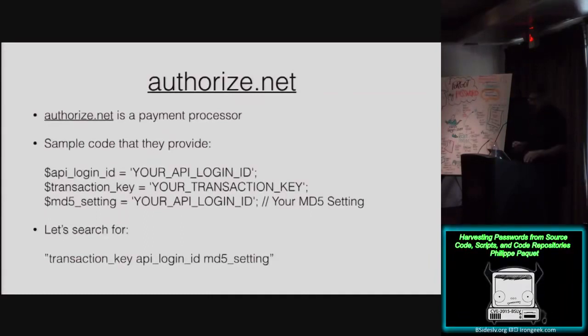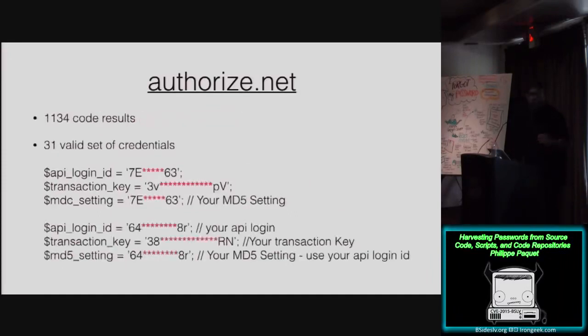A simple search for transaction key, API logging ID, and MD5 settings actually gives you a bit more than 1100 results, and that gives you 31 valid sets of credentials. That's kind of a problem if you have your payment processor credential available on the public internet. You could process payment, of course, but you could maybe process negative payment or do a purchase and refund yourself after.